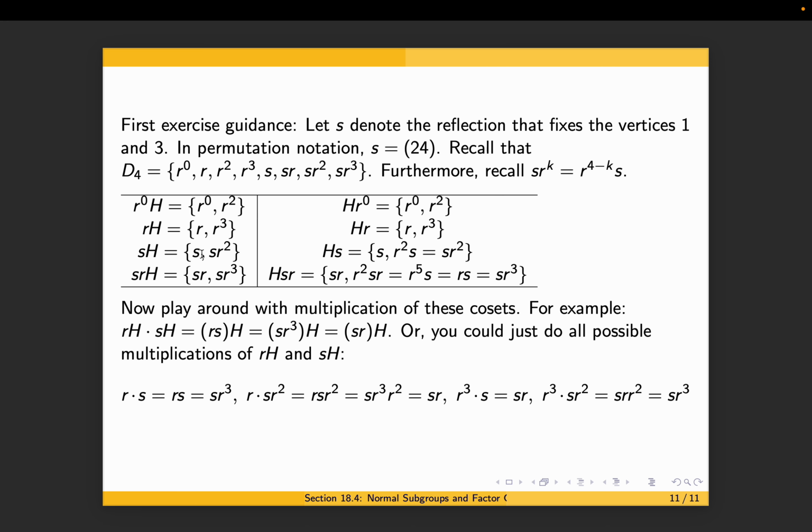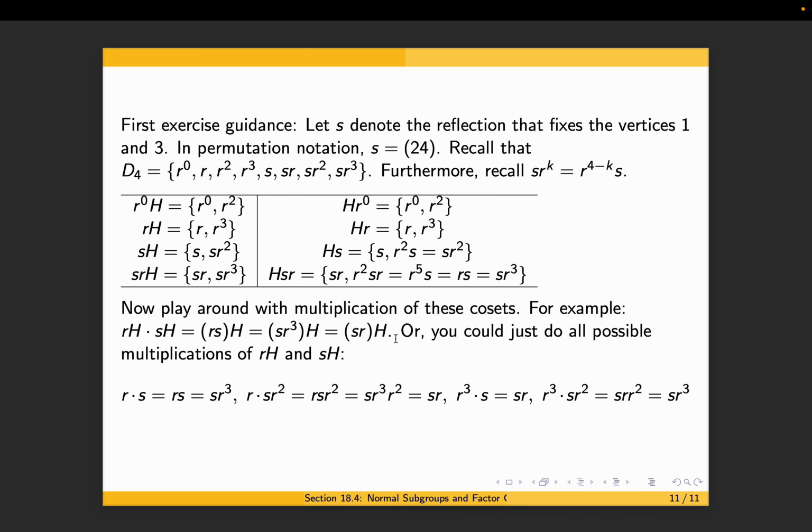And it turns out that this reflection and this reflection times R squared must also be the same now. Why? Because R squared and doing nothing are the same. So when you write S and SR squared, those better be the same thing now, if R squared is now the same as doing nothing. So there's a natural carving up of the group into things that get glued together. And because the original subgroup was normal, multiplication still translates. It works fine.